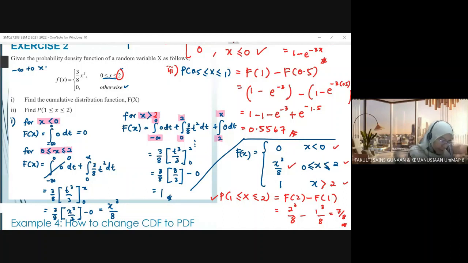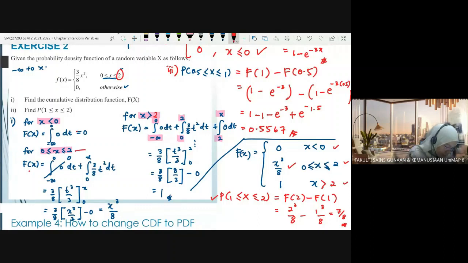Yeah, in this case, remember we are talking about cumulative. For the second one, we stop at x because we are trying to find the cumulative distribution function for this particular condition, values from 0 until 2. We begin with the first cumulative distribution function, where it involves only less than 0.